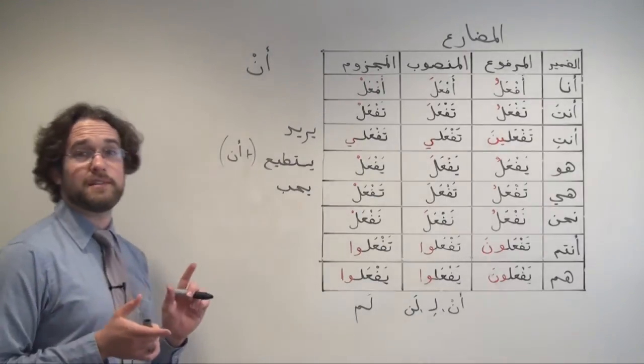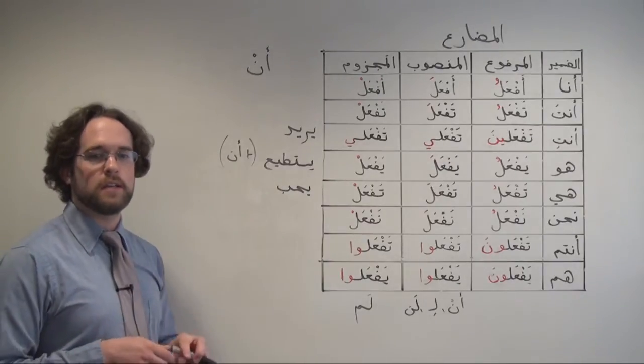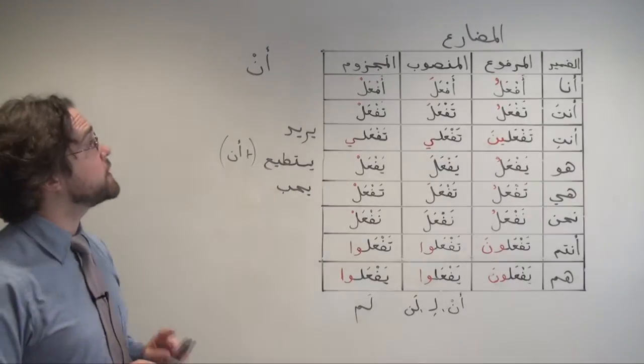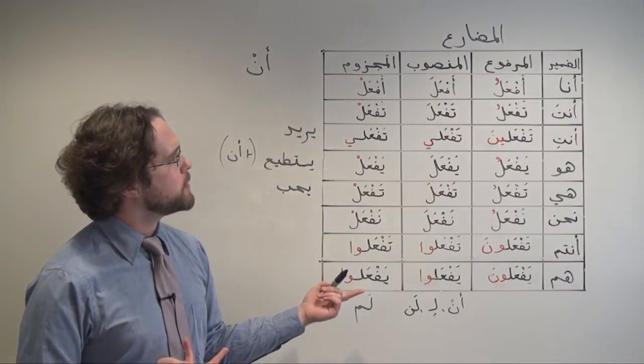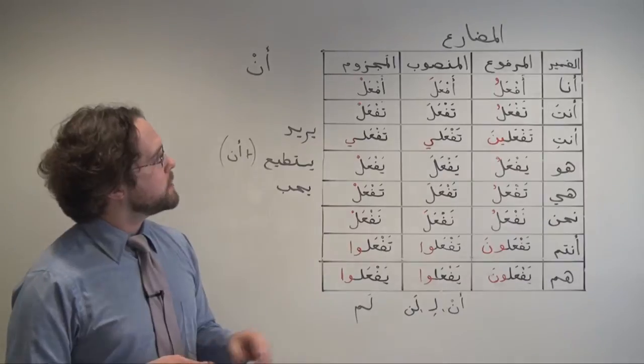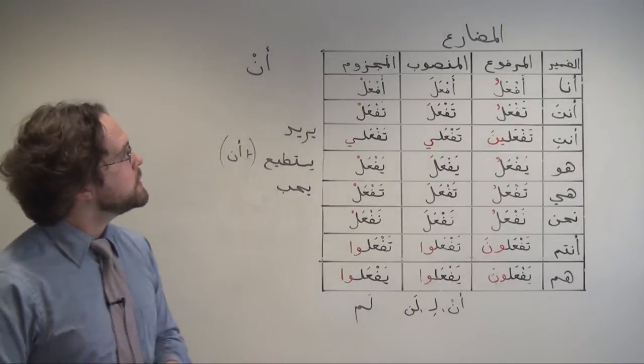So when we're forming a sentence using an, the verb that follows the particle needs to be conjugated for its subject in mudari'a mansub. Again, we have this chart with the formal Arabic verb yaf'al conjugated in the three varieties of mudari'a that we encounter.